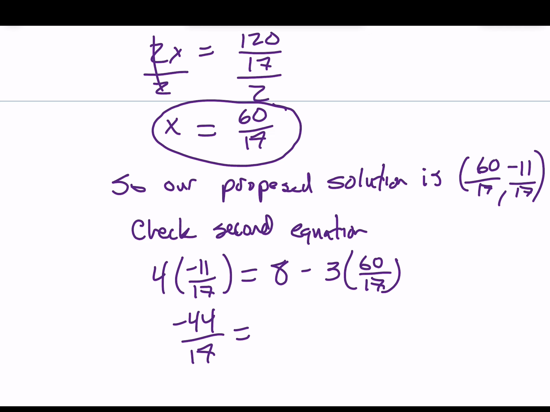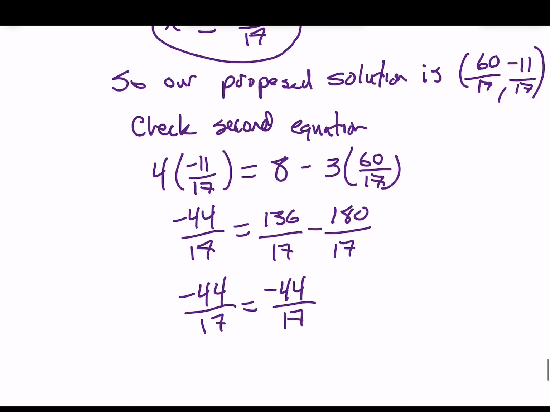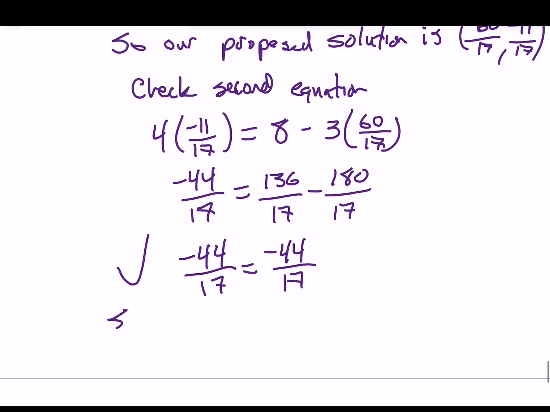And we can convert 8 into 17ths by multiplying it times 17 over 17, which is 136 over 17. And negative 3 times 60 is negative 180 over 17. And 136 minus 180 is negative 44. And since those two things are equal, that is a solution to that equation.